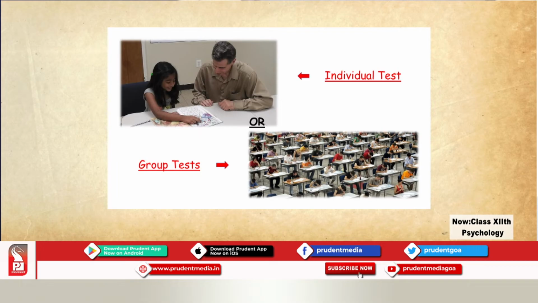Again, when it comes to an individual test, between the administrator and the person on whom the test is conducted, a rapport is built. Okay, so you are developing a good rapport with that individual. You are trying to see how sensitive the person is, the feelings, the emotions, expressions during the session. All this can be seen on a very close basis, because it is a single person. It is on an individual basis.